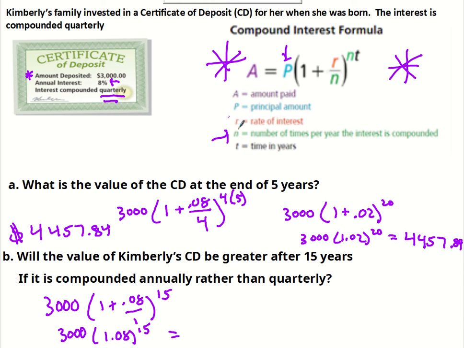Now, before I plug this into my calculator, though, I'm also comparing this with what happens after 15 years quarterly. So that's going to be the same formula we had before, because that's quarterly compounded, but that's going to be 15 times 4.